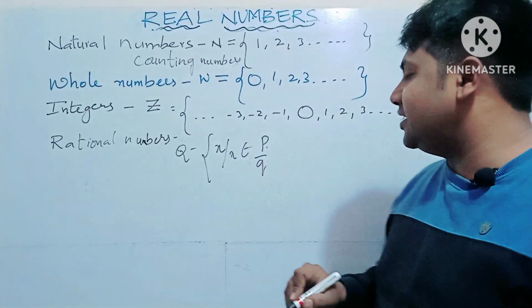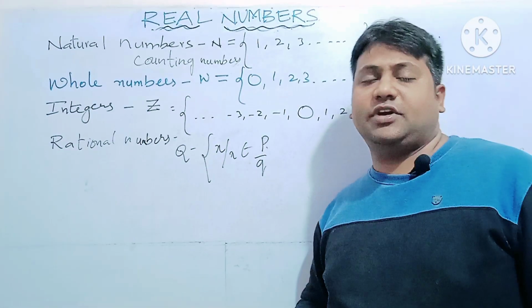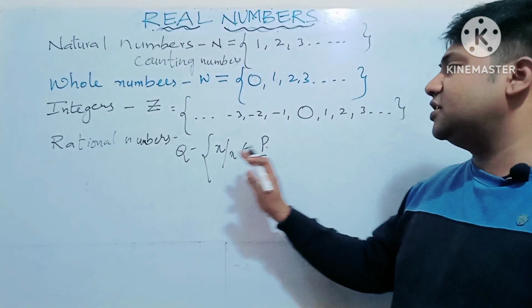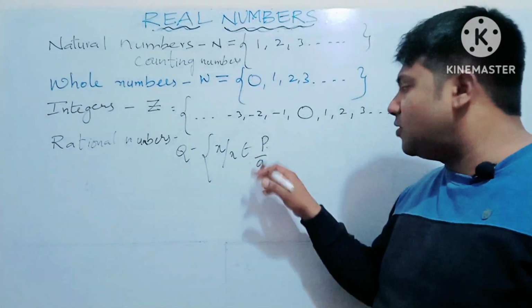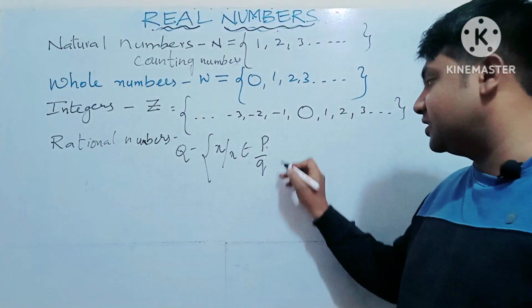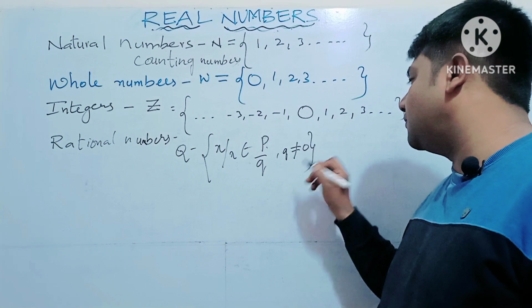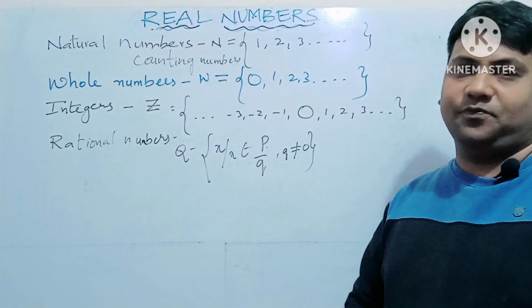Any term which is in the form of p by q is called a rational number, but on one condition: q should not be equal to 0.